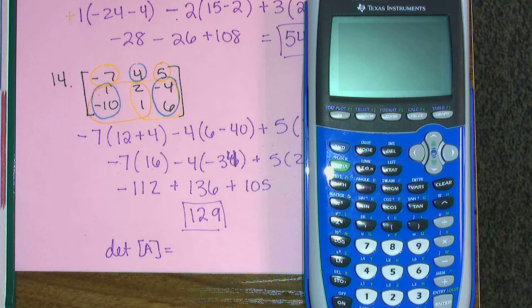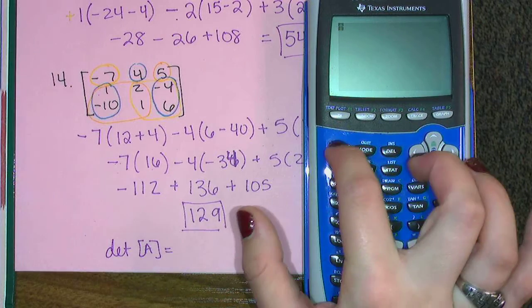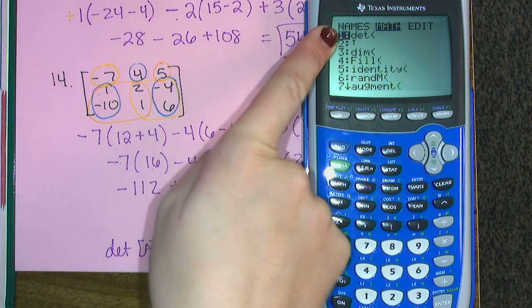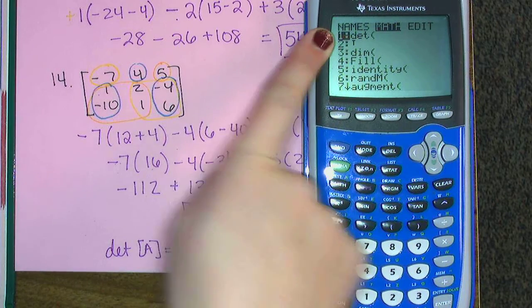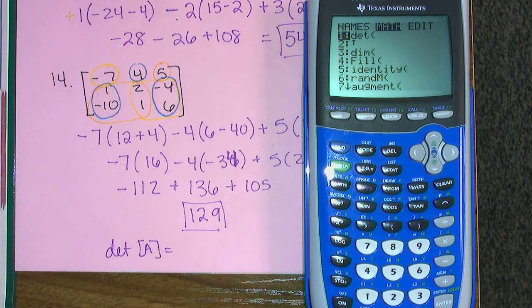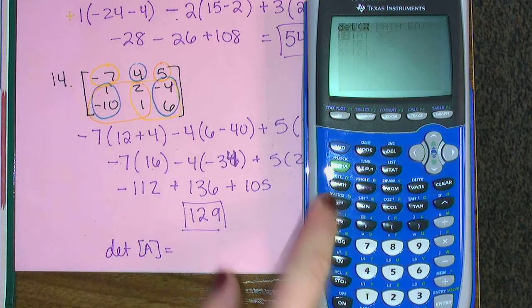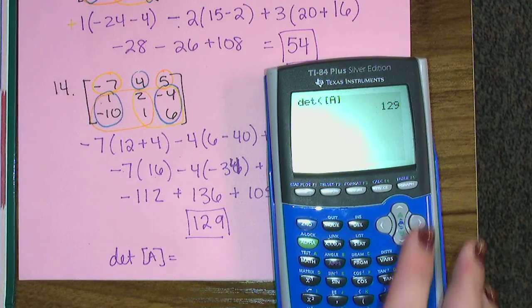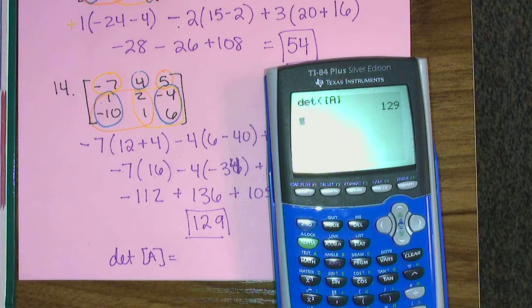Once you put it in, you're going to hit second matrix. Go over to math. Your first option is DET, determinant. And then second matrix, matrix A. Hit enter. Boom.